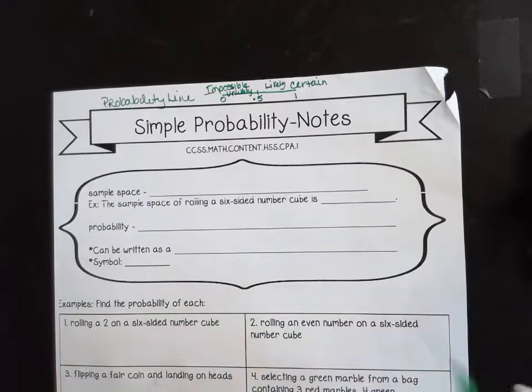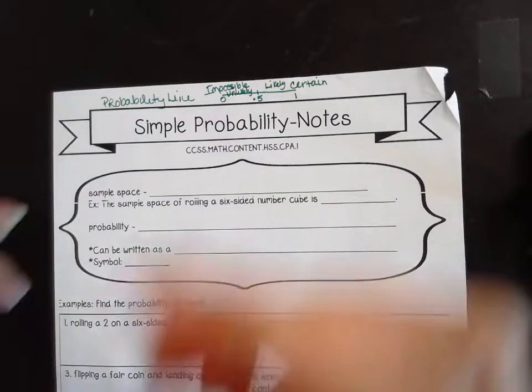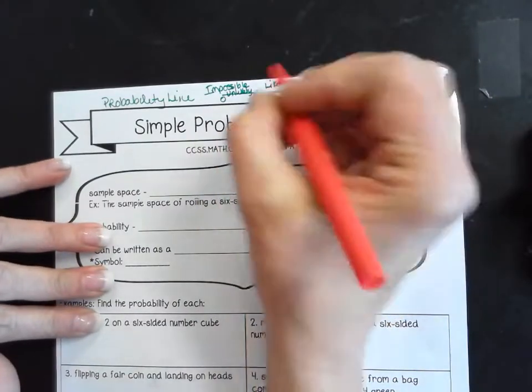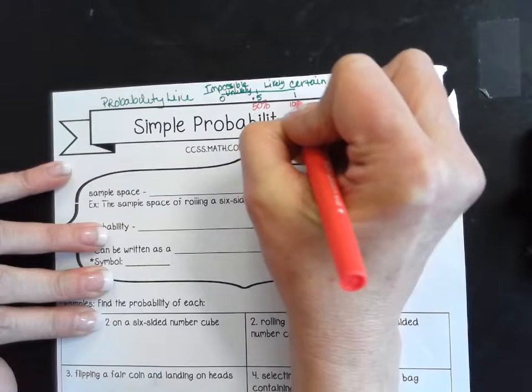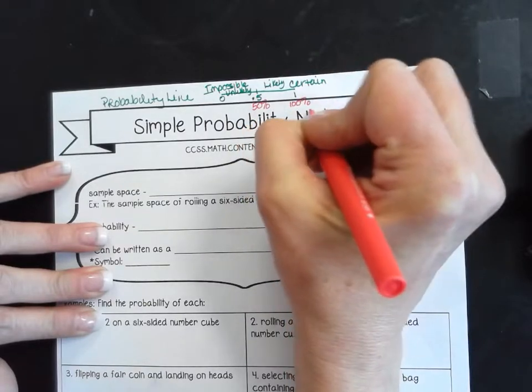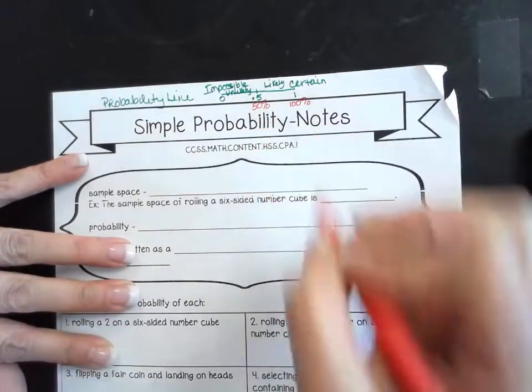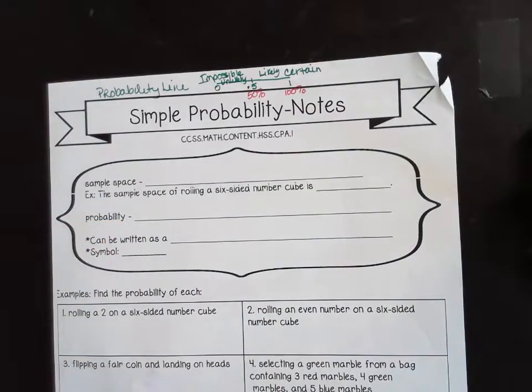And if you think about it from a percentage standpoint, because these are decimals, right here, you're at a 50% chance, but at the 1, you're at a 100% chance, which is why that's certain. Okay, does that make sense?